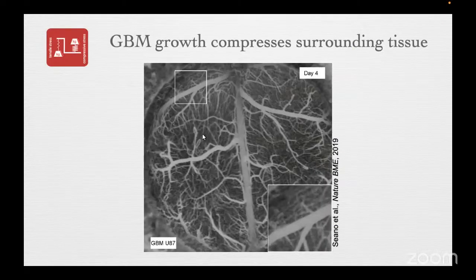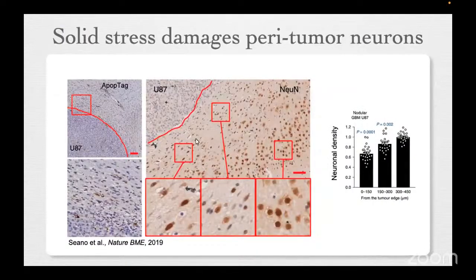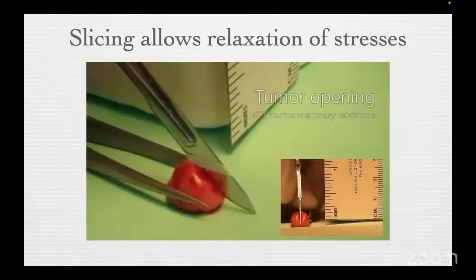So this deformation is due to this buildup of solid stress, and that stress can cause neuronal apoptosis in this brown stain here. So you end up with a decreased neuronal density around the margin of the tumor due to that death. So this is an important clinical phenomenon.